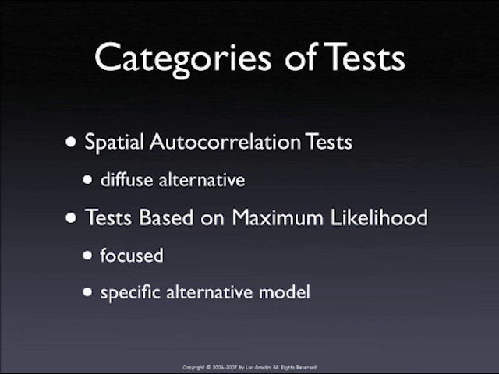Because model B is the true model, your least squares model will be misspecified, and there will be a spatial patterning in the residuals of the least squares regression. The test using the wrong weights matrix will pick that up. Will it pick it up as much as if it used the correct weights matrix?